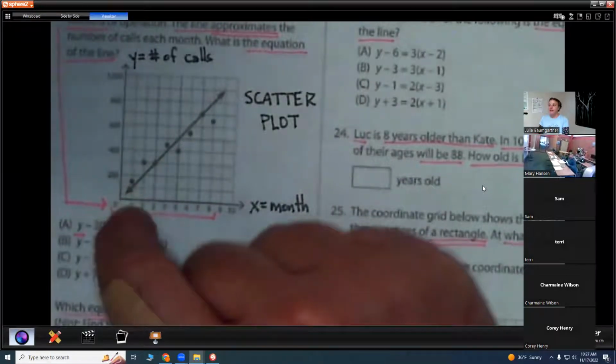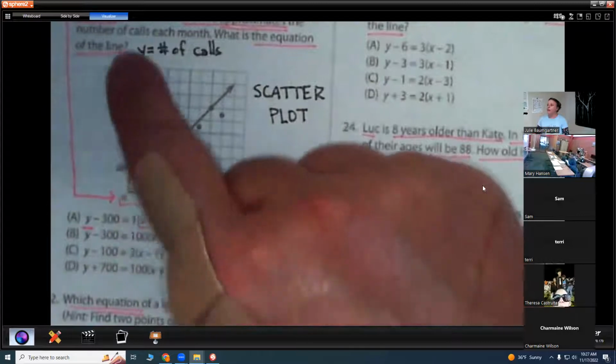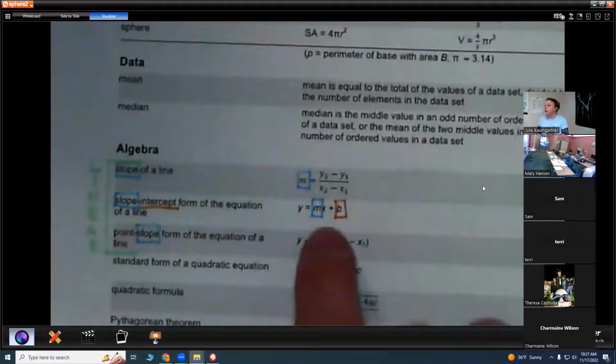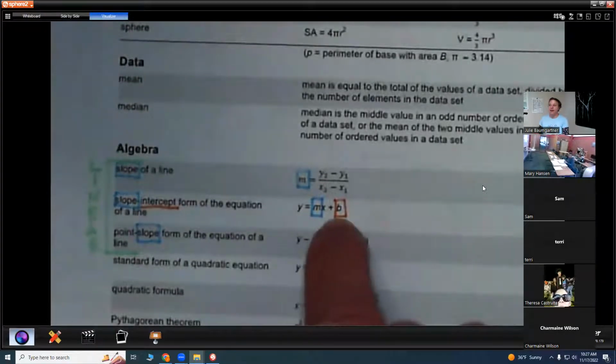That's where this line, if we were going to extend it out, would touch 0. Hey, Teresa, welcome. So that is our first way of showing linear equations. You might see equations say y equals some number times x plus or minus some other number.